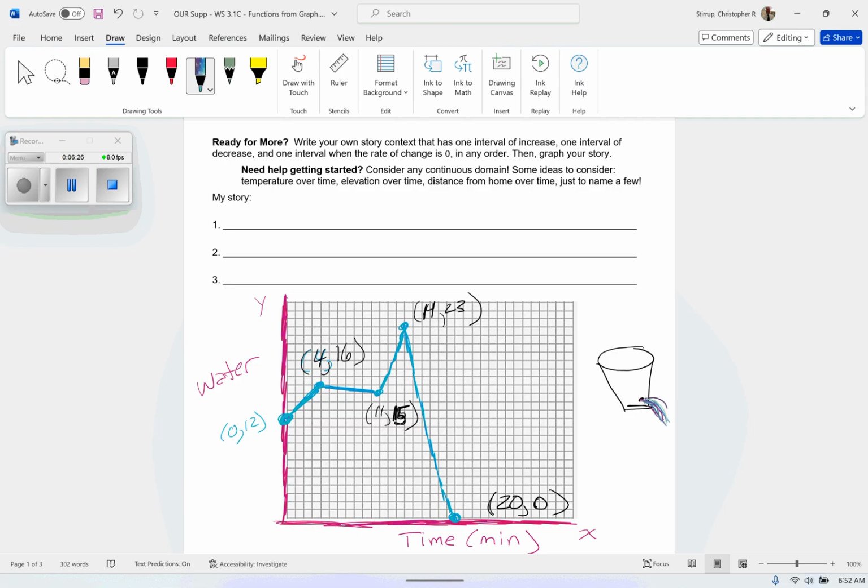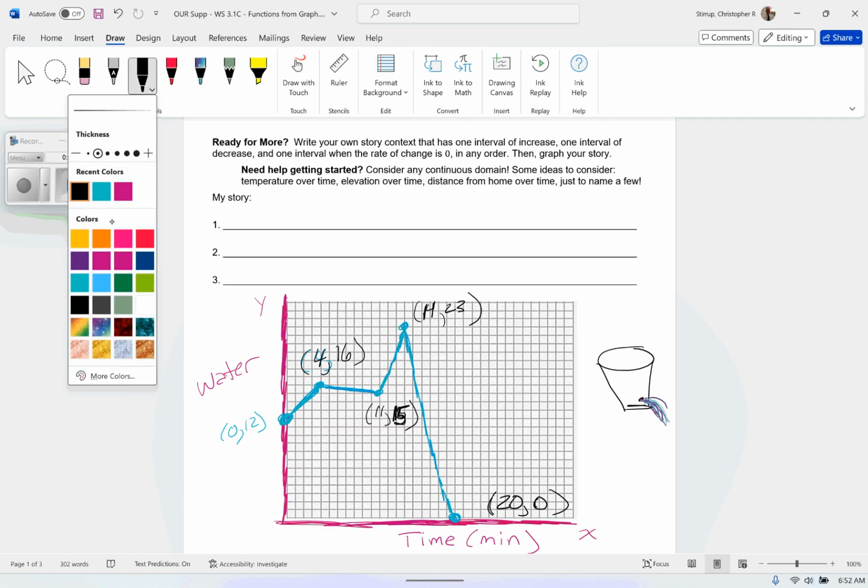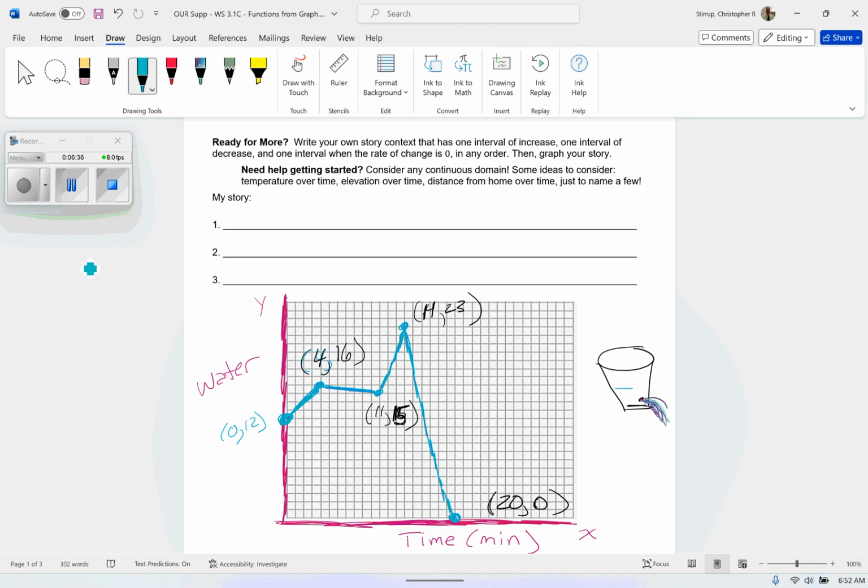Let's say this bucket is sitting out, and we realized we had a hole in it, but at a point it started with, that was our starting point. So bucket with 12 liters of water. It might be a really big bucket because 12 liters is an awful lot.